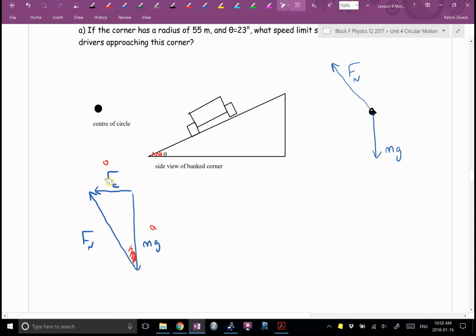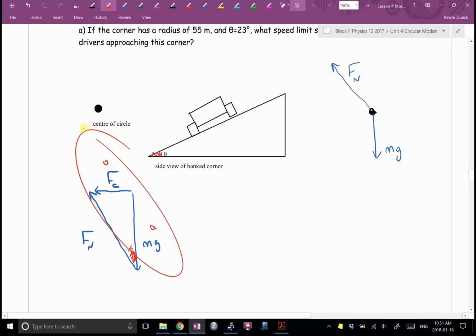Do I know the normal force? Do I know g? Yeah. Do I know the mass? I wonder maybe if it cancels. The fact that I know g, I'm going to start out trying to solve this using those two and not the normal force.